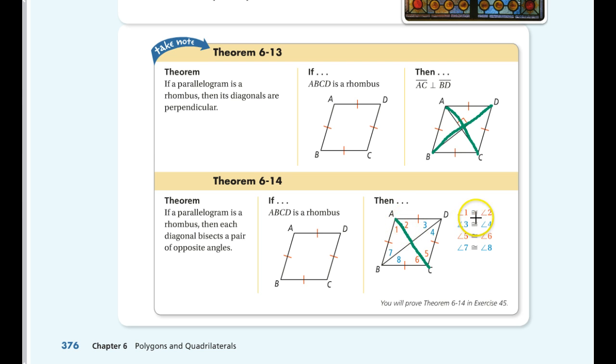Angles 1 and 2 are congruent. Angles 5 and 6 are congruent. The same thing holds true with the other diagonal, BD. It also cuts the opposite angles into two congruent angles, or we say that it bisects those angles.